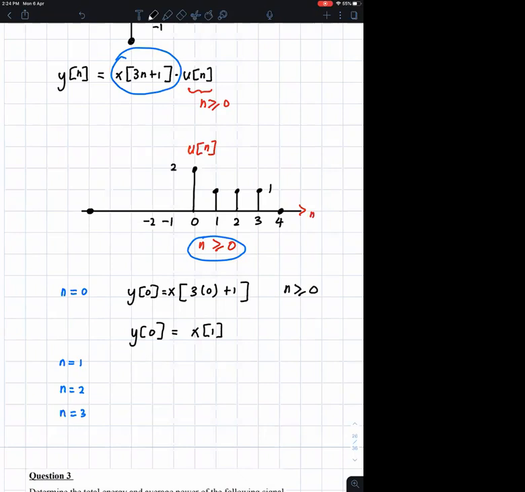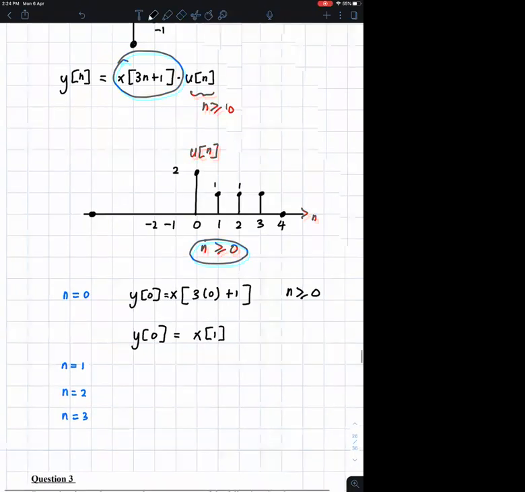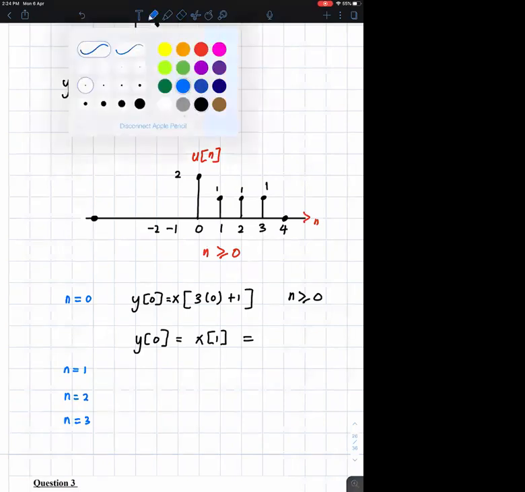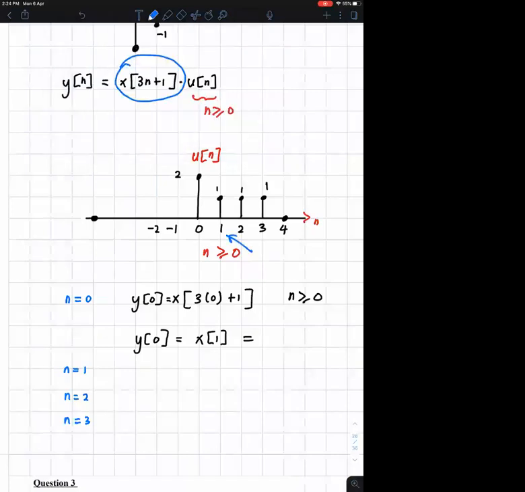This is 2, and this is 1. At x[1], what is the value of the signal? It's 1, right? This is when n is equal to 1. So at that point, the signal value is 1. So therefore it's 1.